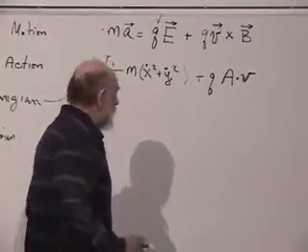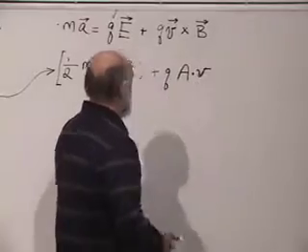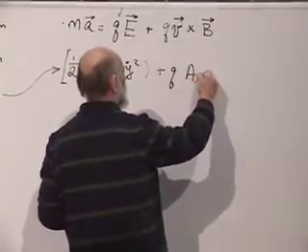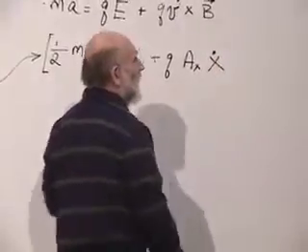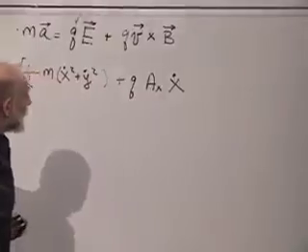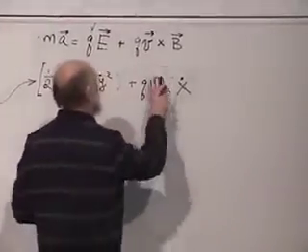Okay, so A times v means now Ax times x dot. I've set Ay equal to 0 in this first choice of gauge. And furthermore, Ax is equal to b times y.